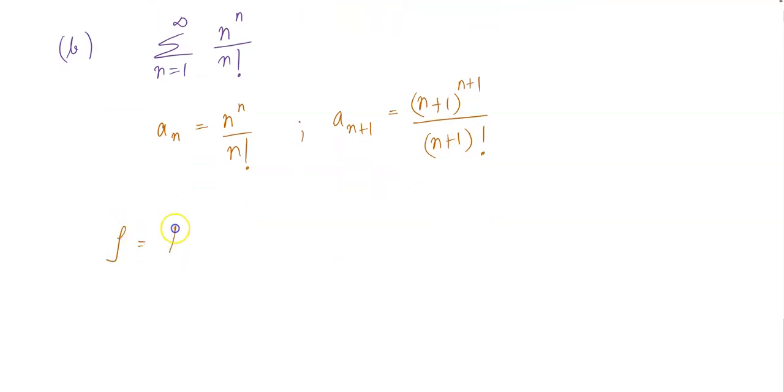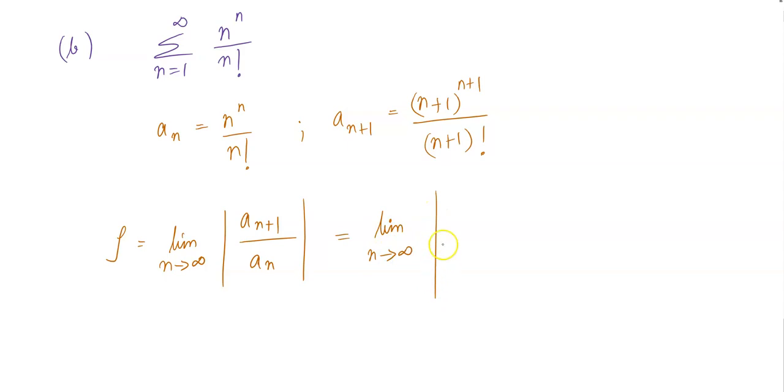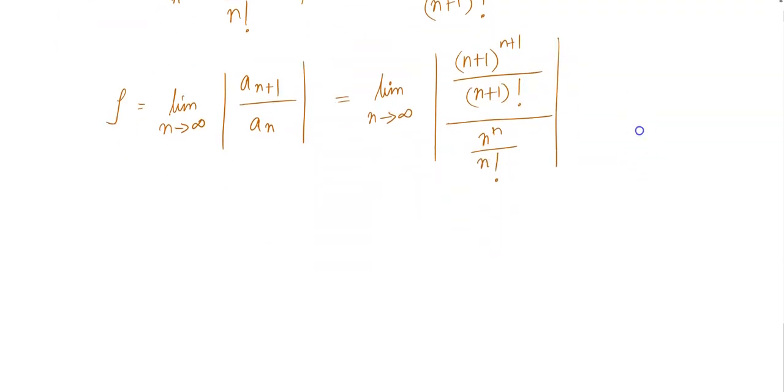Therefore our rho, which is limit n approaches infinity, absolute value of a_(n+1) over a_n. Now we can substitute for those places. Like we did previously, it's a complex fraction, so numerator times reciprocal of the denominator.